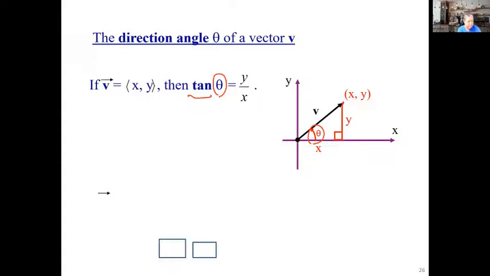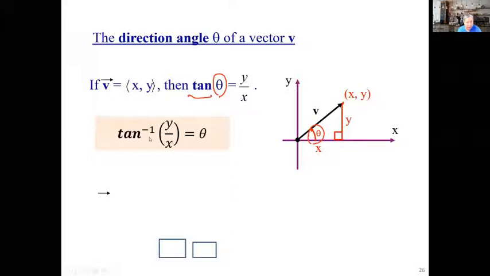If you are given all this information and you're supposed to find the angle measure of the direction angle theta, then you can use your calculator with arctangent, or tangent inverse. Either way is the name of this. Then this ratio goes inside and it's going to give you the angle measurement.